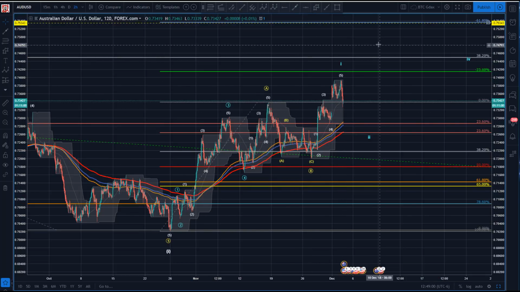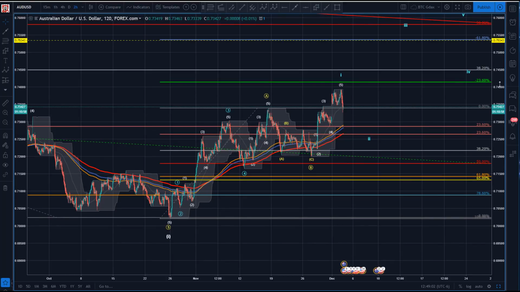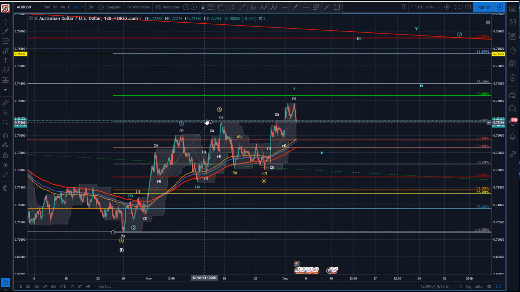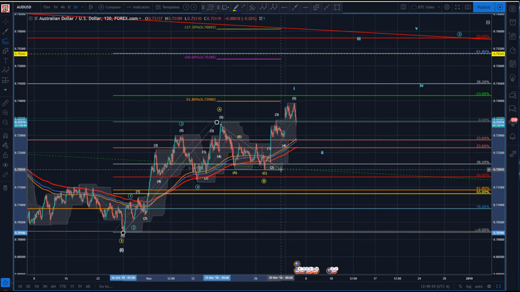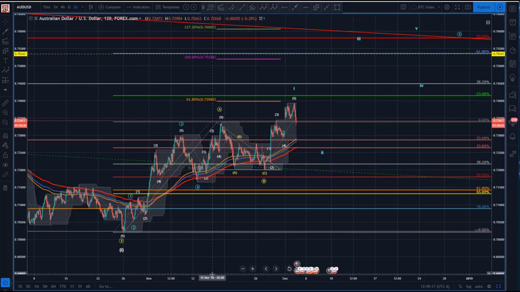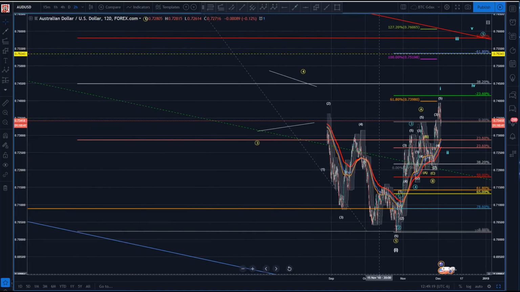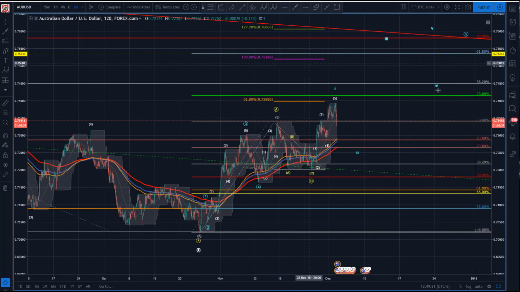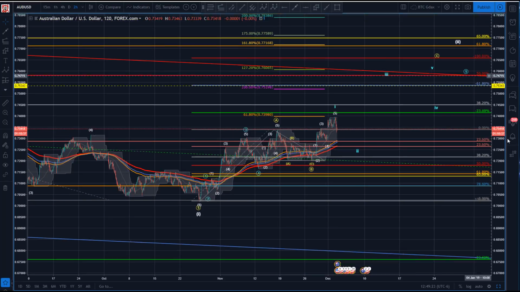So what is that? Could that be the C? Well, I guess it could be, but I wouldn't assume so. So let's think about typical, common relationships here. The length of the A projected from the B would be 100%. Well, here we've got that structure up here. We've got a pivot that we talked about, a structural pivot from an earlier swing. So we're trying to look up here.